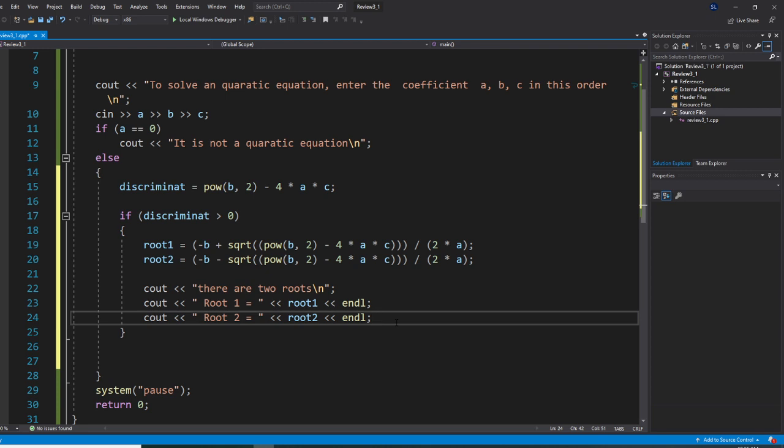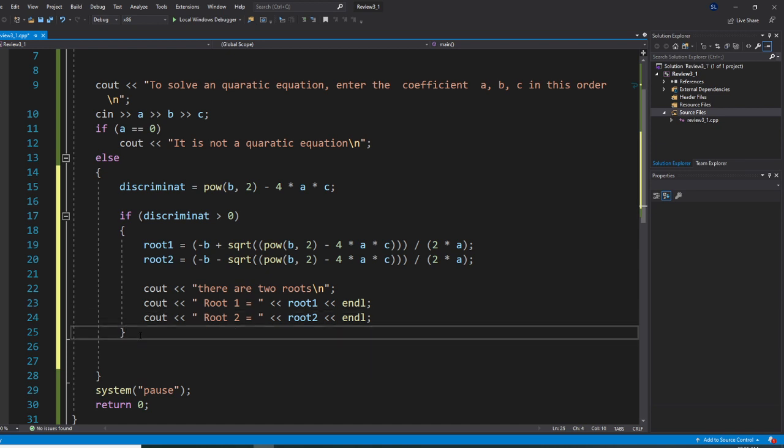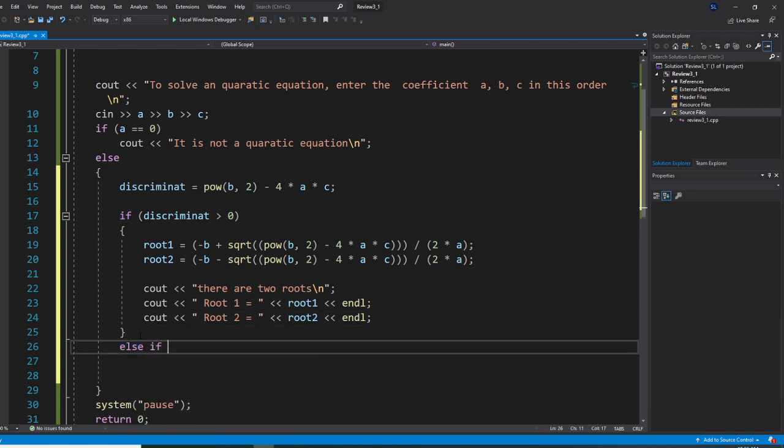Now I am going to do this: if it's greater than 0, we do the first case, and else if the discriminant equals 0, we do the other.